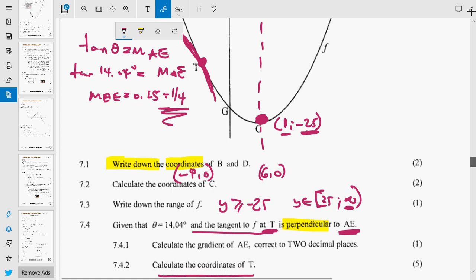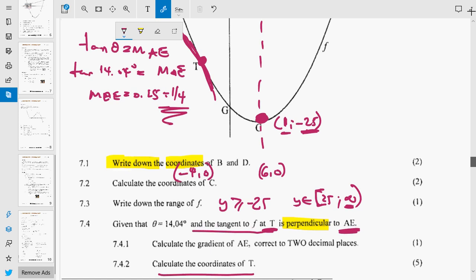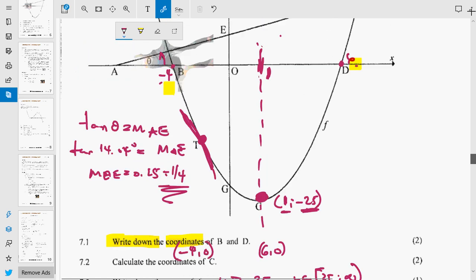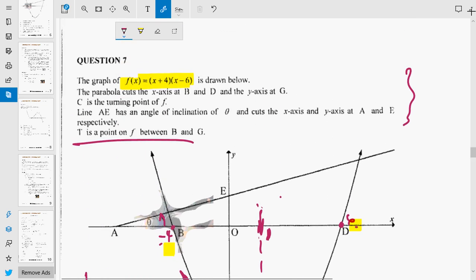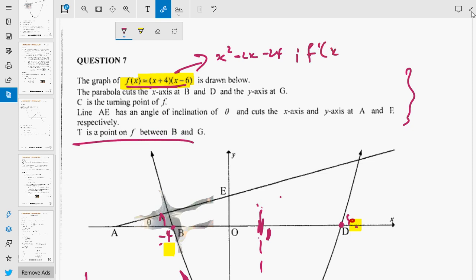Now, what is the gradient of the parabola? Okay, the gradient of the parabola is given by the derivative. So, at the moment, I have f, which is the parabola given by this equation, and this can be written as x squared minus 2x minus 24, which means the gradient is equal to 2x minus 2.